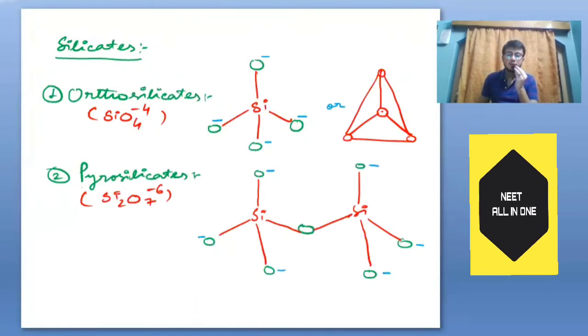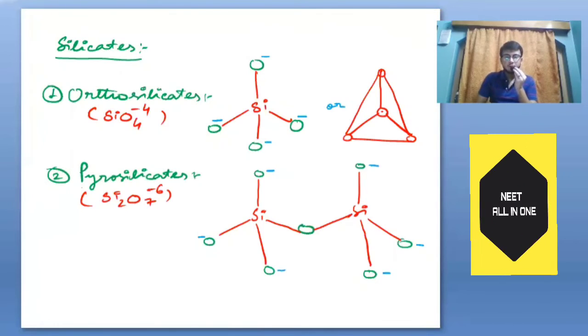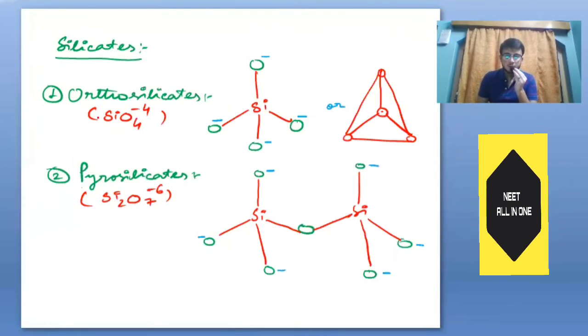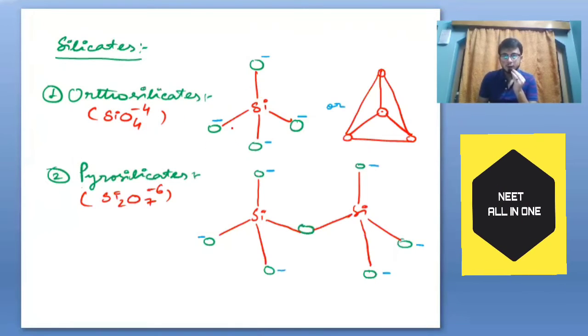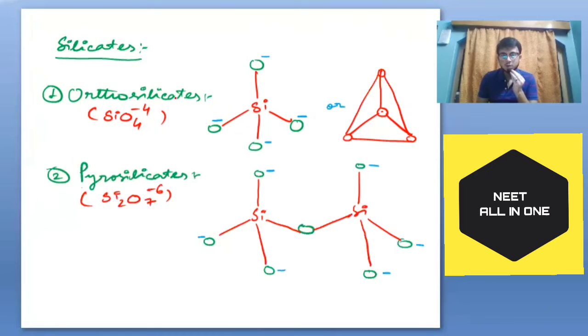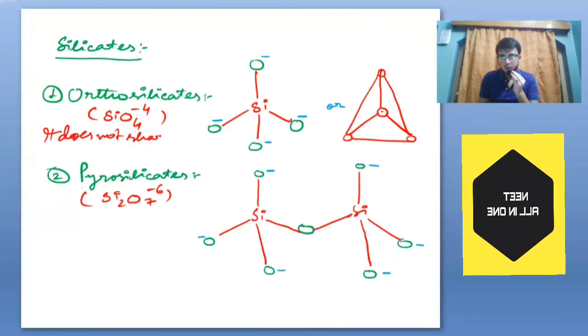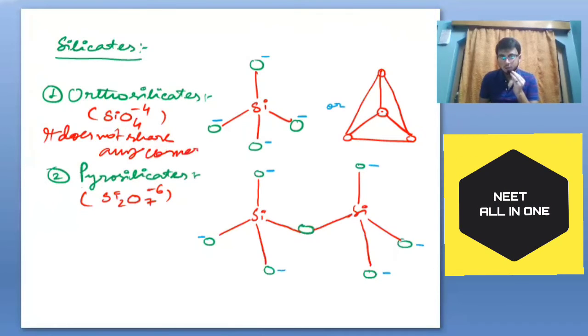Now next is silicates. These are the most important compounds in this chapter because there are variations of it and they ask you from this. Okay, so first is our orthosilicates, SiO4 4-. As you can see the structure here, it does not share any corner. Okay, as you can see, it's not sharing any corner from the structures.